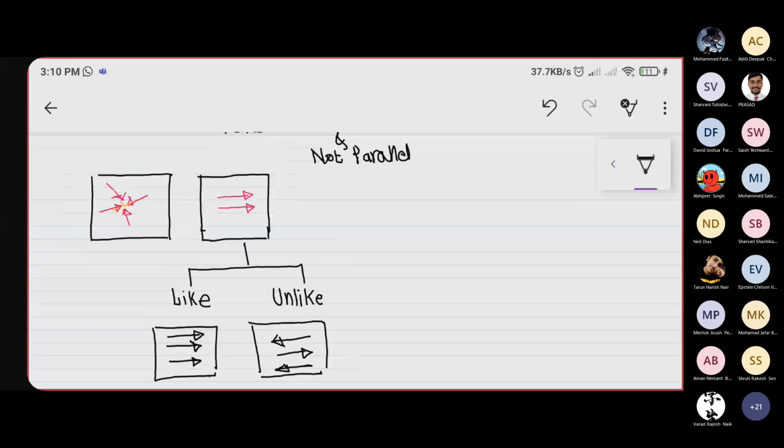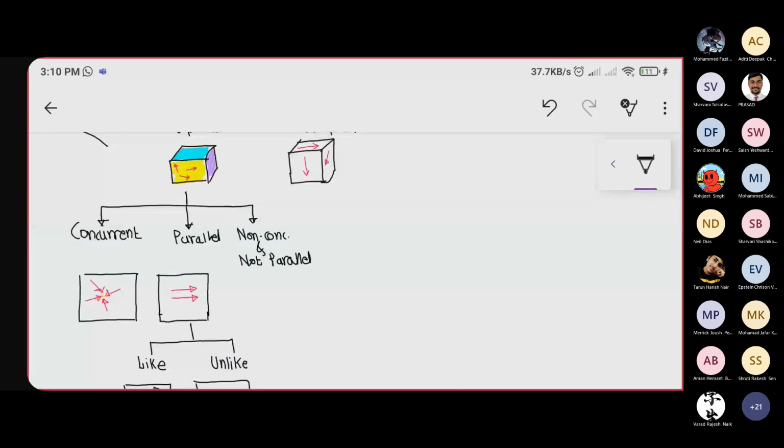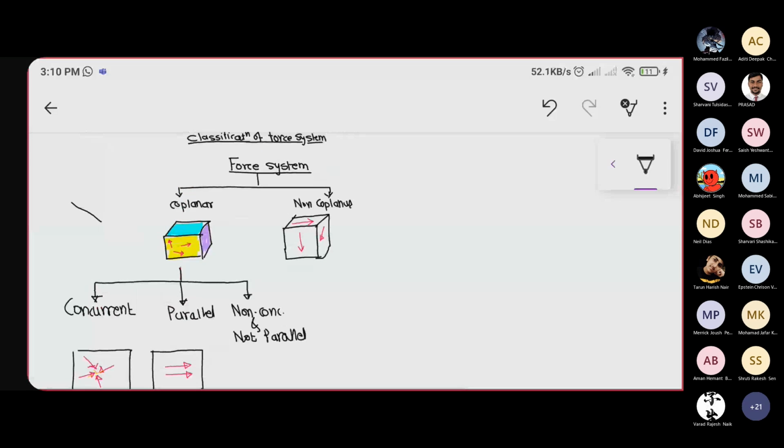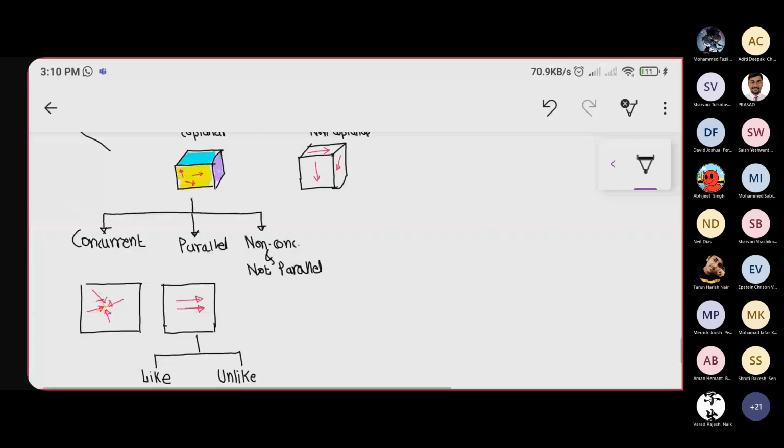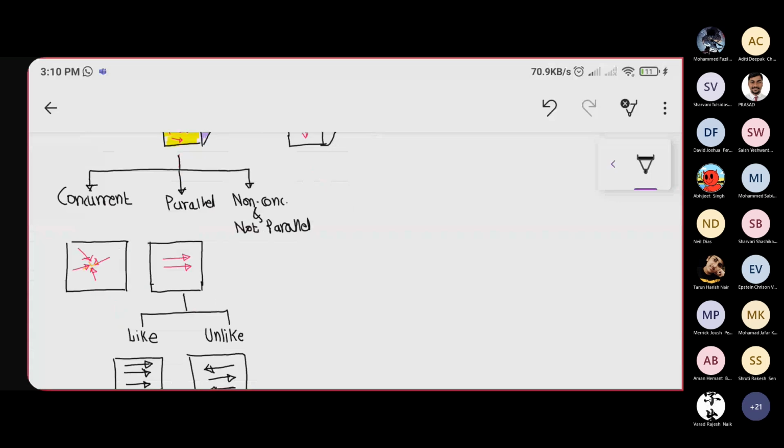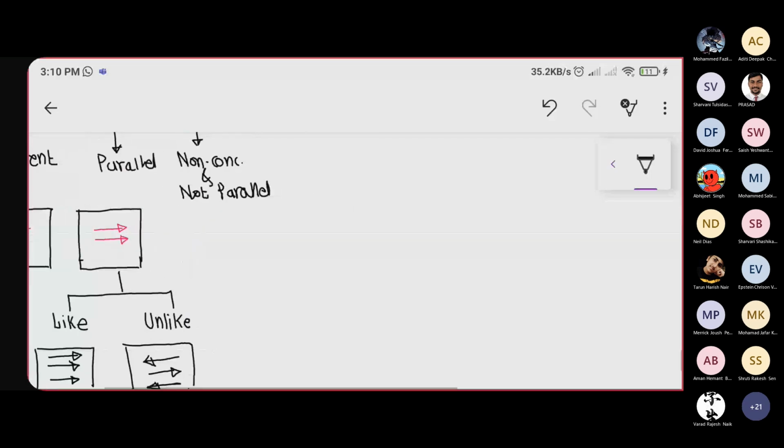Okay. So how do we classify our forces? First, coplanar, non-coplanar, concurrent, parallel. In parallel, like, unlike. Now again, non-concurrent, non-parallel. That means this type of forces are like this.